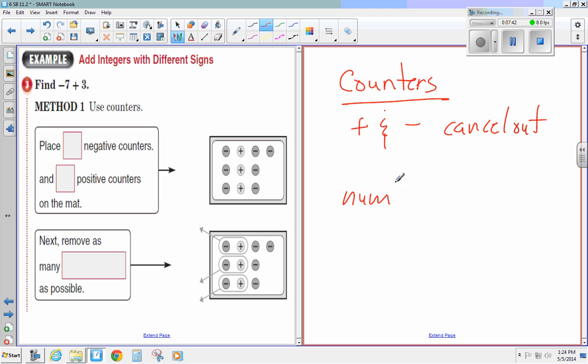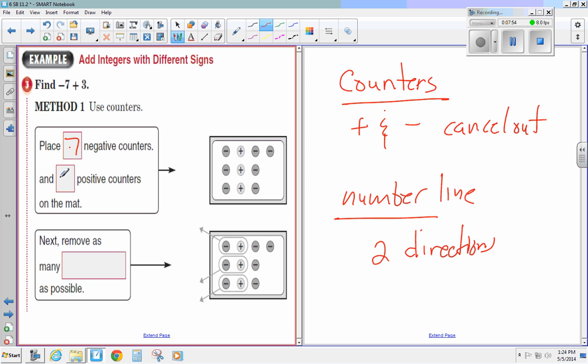With the number line, you'll go in 2 directions. So for this one, place 7 negative counters and 3 positive counters on the mat. And then remember, counters cancel out. Cancels out. Cancels out. Cancels out. You're removing them.